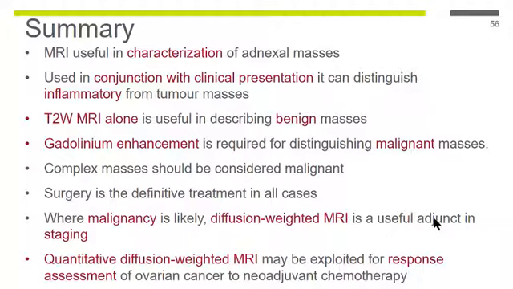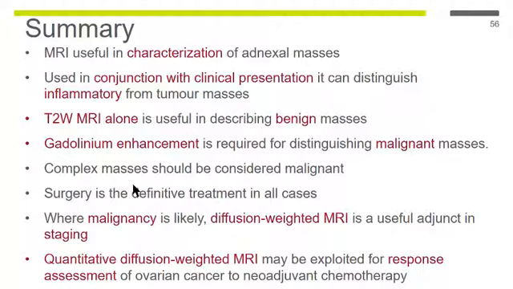MRI is useful in the characterization of adnexal masses. When used in conjunction with the clinical presentation, it can distinguish inflammatory from tumor masses. The inflammatory masses, the patients are always sick. T2-weighted imaging alone is useful in describing benign masses. You don't necessarily need any fancy techniques, but if you're concerned about malignancy, gadolinium enhancement is mandatory.